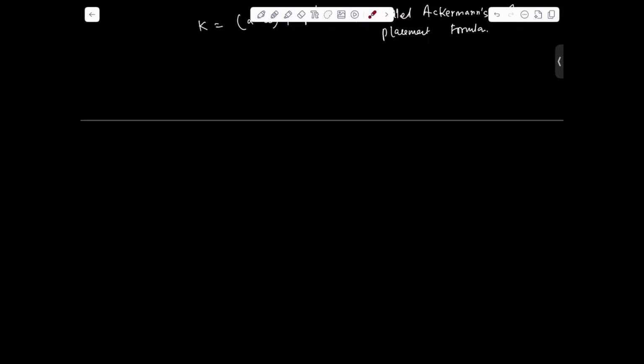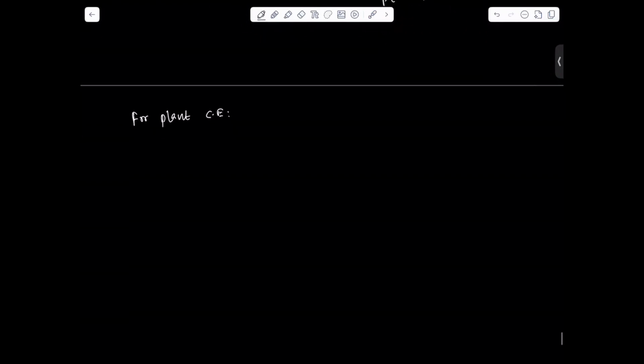So here, let us write for the plant, the characteristic equation, which you write as the determinant of sI minus A. Already you have found before s to the power n plus A n minus 1 s to the n minus 1 plus dot dot dot A1 s plus A naught, right?